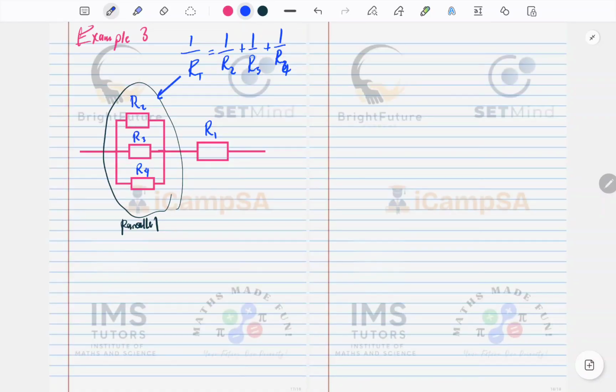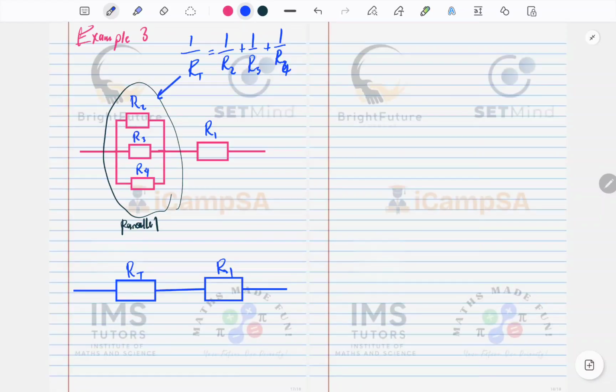Then this is going to be your RT. So what I would have here is my updated version, like this. Now this is your RT, and this is your R1.